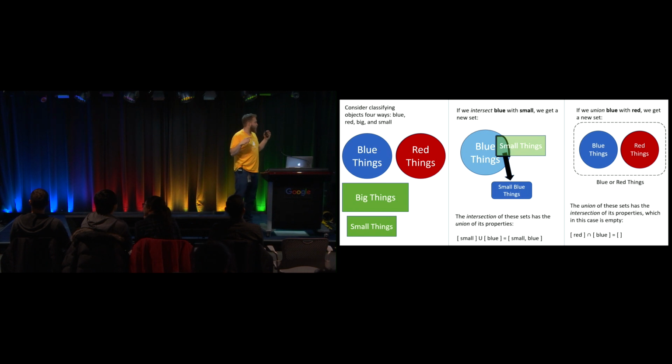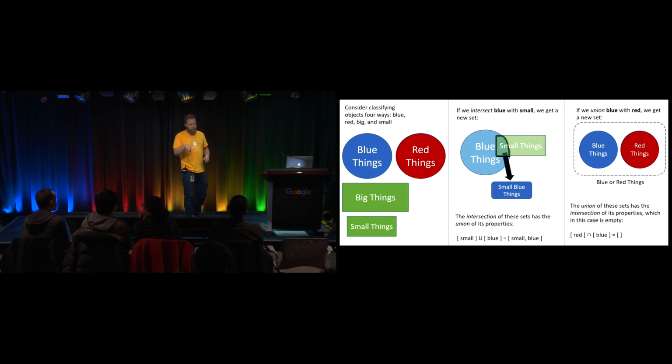All right, so when we intersect the type blue and small, we actually create a new set that has the union of the properties, right? So we're intersecting the types, but their properties would be a union. So when we intersect blue things and small things, that subset would actually have both properties of small and blue, right? Because this is really a subset of those. So we're intersecting types, but properties are united.